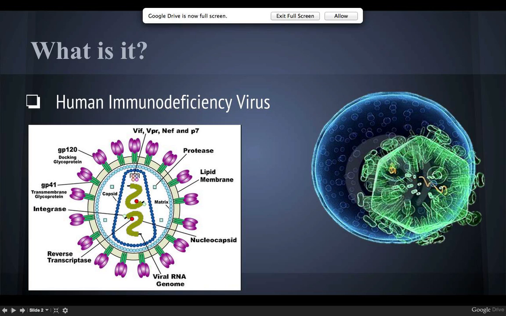So HIV, which stands for human immunodeficiency virus, compared to other viruses, the other viruses are cleaned by the immune system, but this one, the immune system doesn't clean it, and scientists don't know why until now.